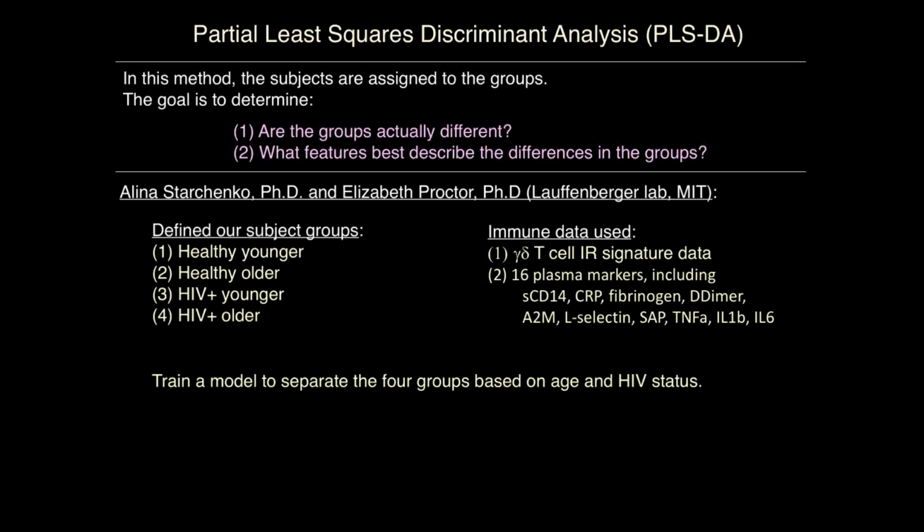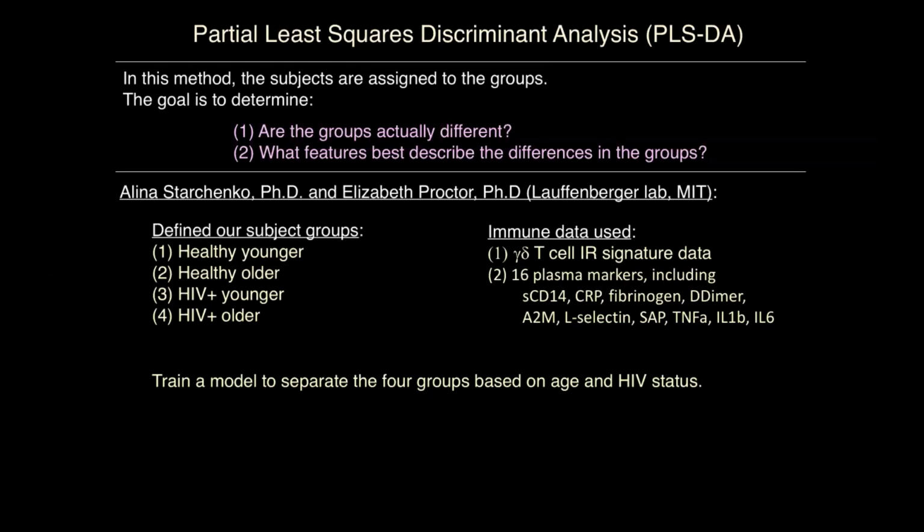We have a collaboration with Lauffenburger's lab at MIT. Two postdocs from that lab, Olena Starchenko and Elizabeth Proctor, ran PLSDA, partial least squares discriminant analysis, on our data set.